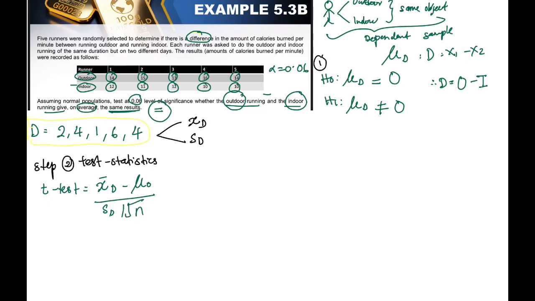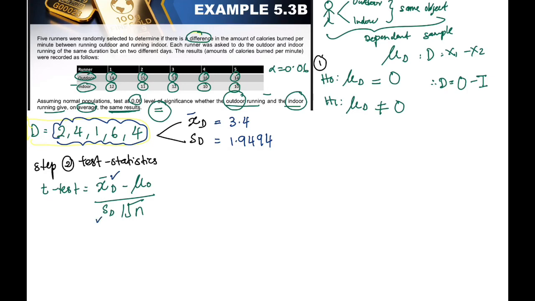Let's look at here. Do we have the X bar D? No. You have to find X bar D from this data. Substitute this data 2, 4, 1, 6, 4 into your calculator and then get the x bar. The x bar here is equal to 3.4 and the SD is equal to 1.9494.